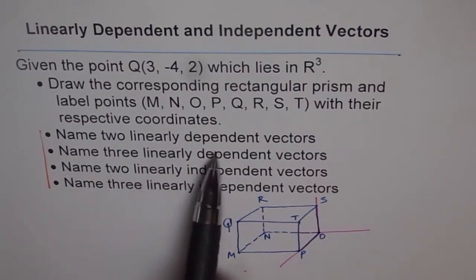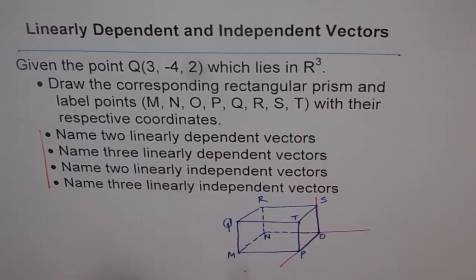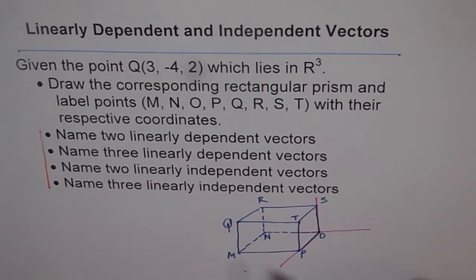Name two linearly dependent vectors. Now what are dependent vectors? Dependent vectors are vectors which are parallel, collinear, in the same direction, for which a scalar multiple exists, for which the linear combination could be 0. So those are linearly dependent vectors. I have told you many conditions.